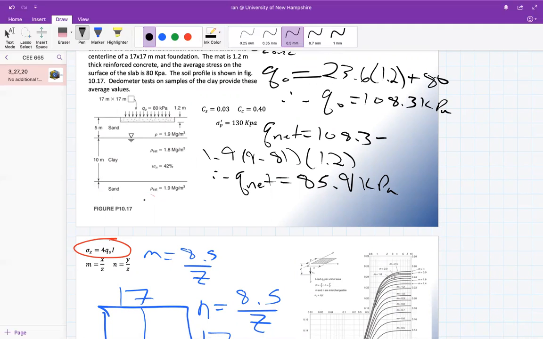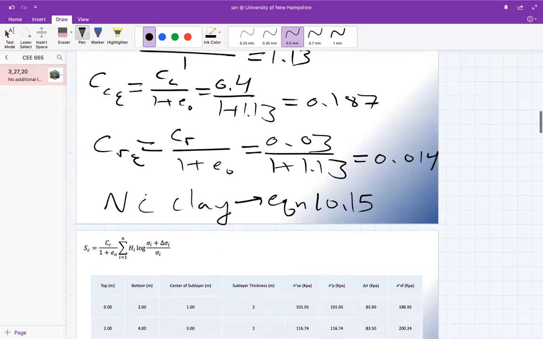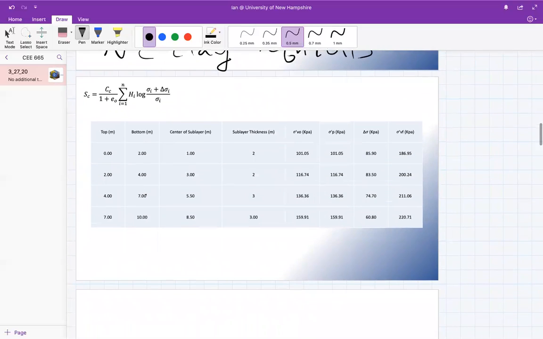We're going to assume that this sand layer is a very dense, not very permeable layer, so it acts something similar to bedrock. So we're not going to assess this. So using what we have, from 0 to 2, the center of that sublayer is at 1 meter.